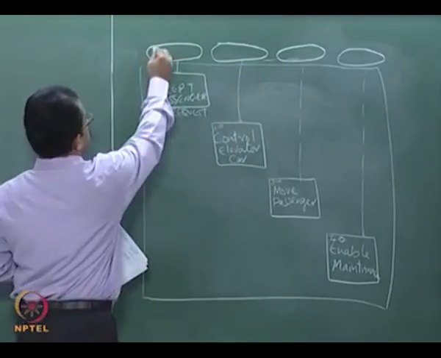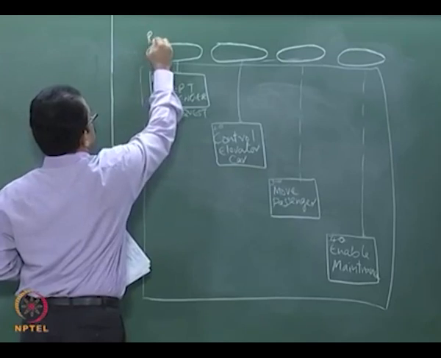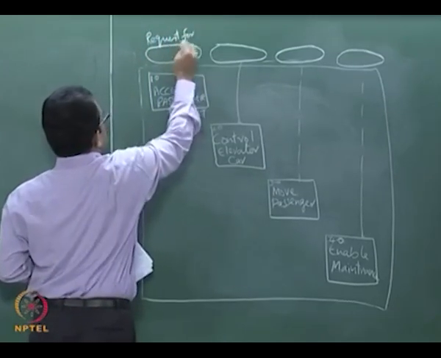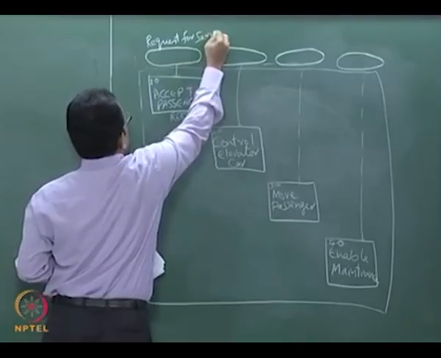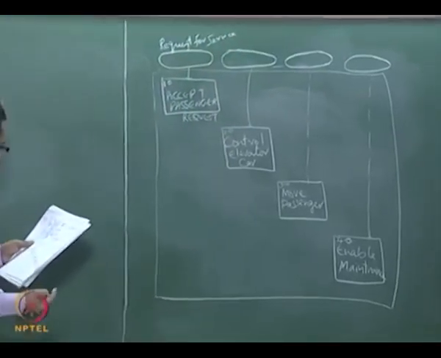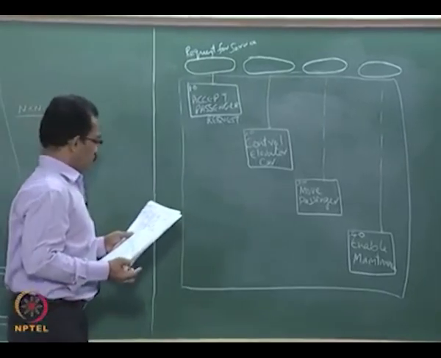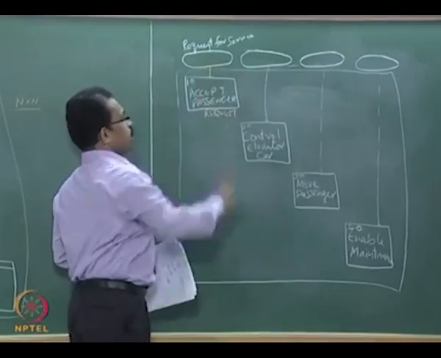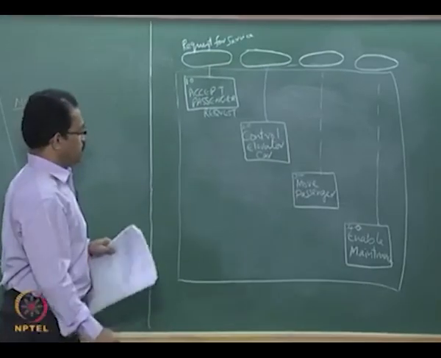For example, this will be the request for service. That can be one input. Similarly, you can have different inputs like emergency support or exit support. So those are the inputs coming to the first function, accept passenger request.